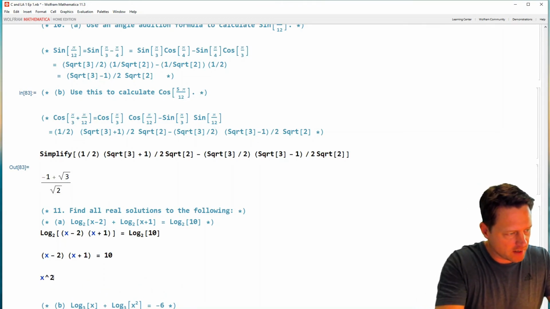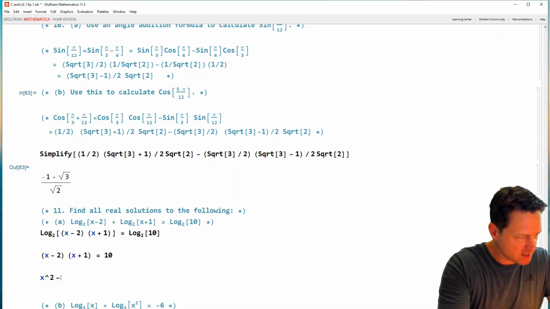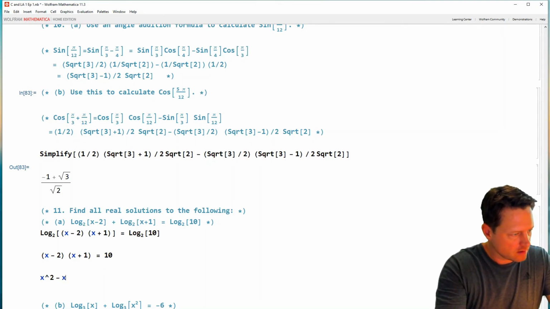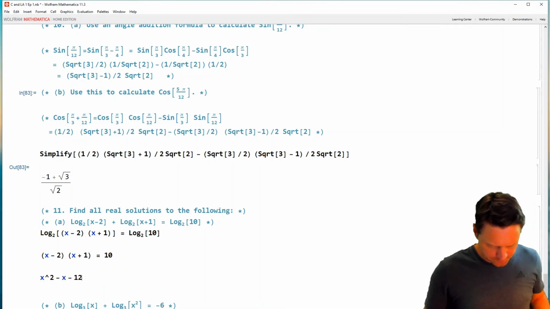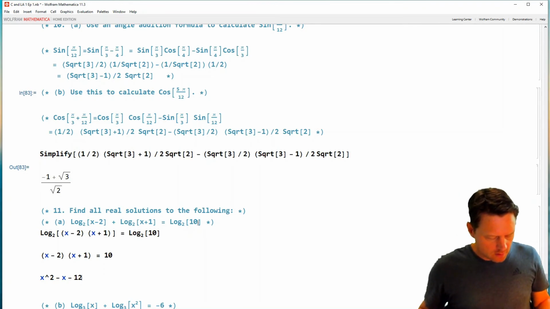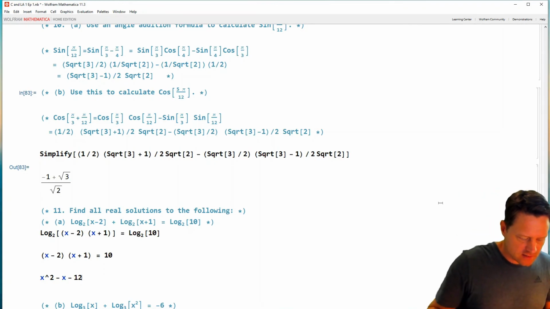So x squared, let's see, minus x when I add that together. And then I'll have a minus 2 minus another 10, which is minus 12. All right, and now we want to factorize this.